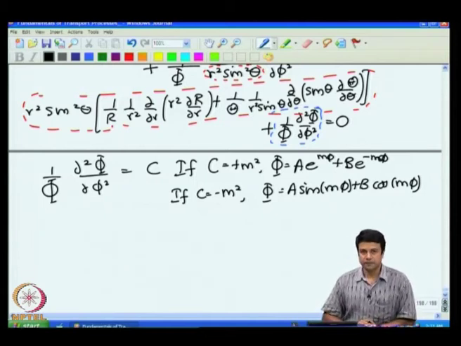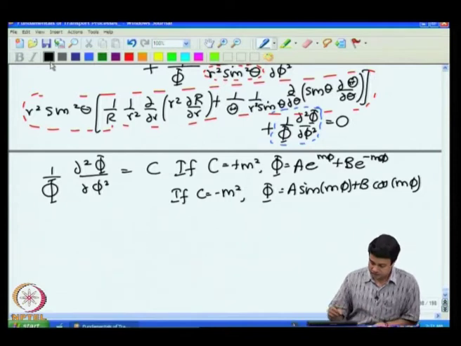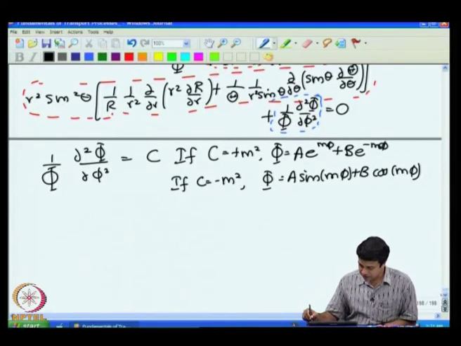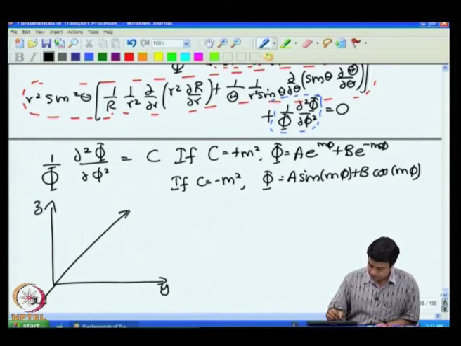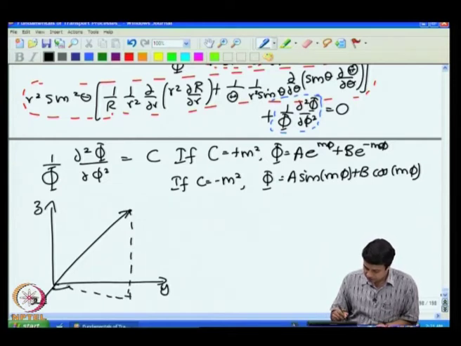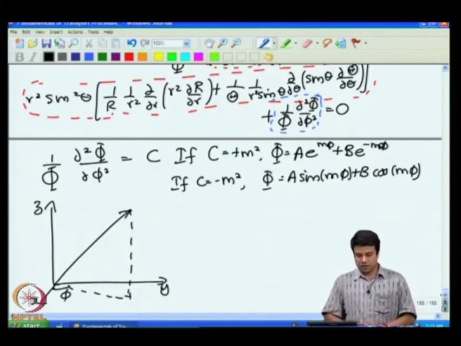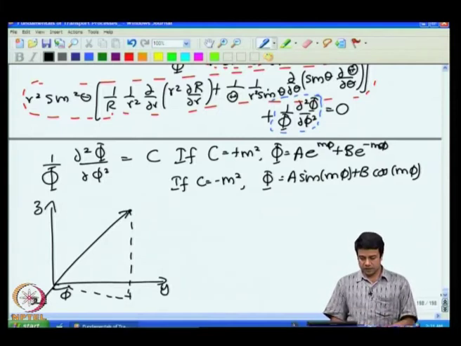Which one should it be? This is given by the physical consideration that, in the phi coordinate, note that phi is the angle made by the projection of the radius vector on the xy plane with the x axis.